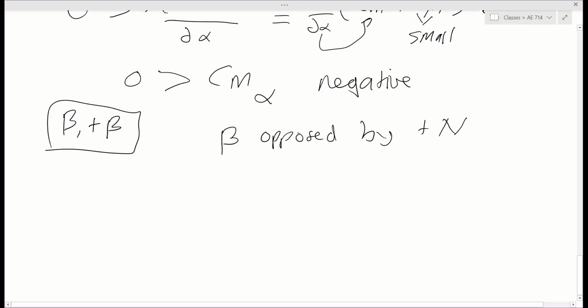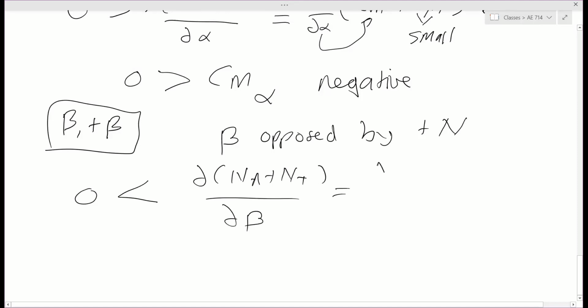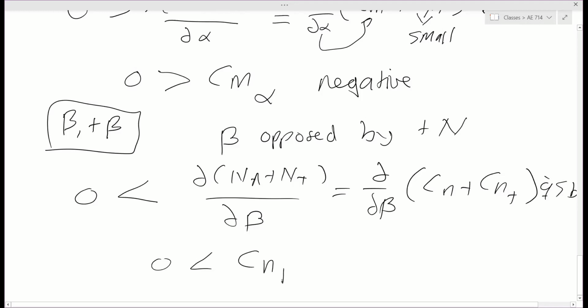All right, how about this? Beta is opposed by positive N. So now we've got an opposite less than or equal or greater than sign just because of that. Totally because that's how beta is defined. And so this simply says that Cn beta is positive.